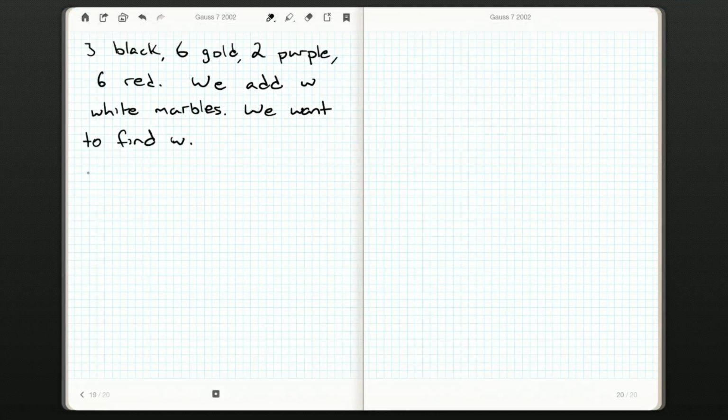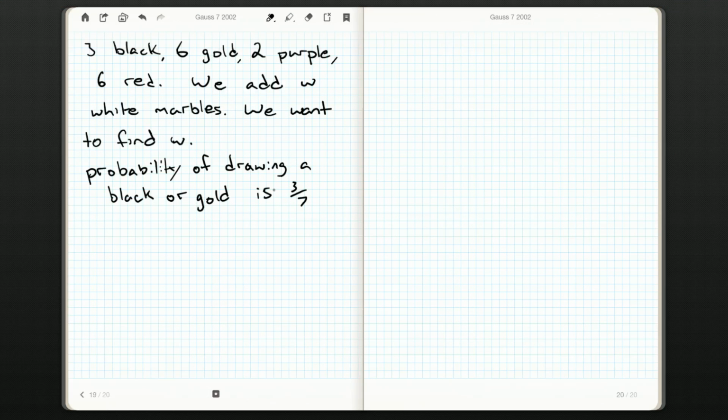We're told that the probability of drawing a black or gold marble is 3 out of 7. Well, how do we figure out any probability at all with a finite set of outcomes like this?